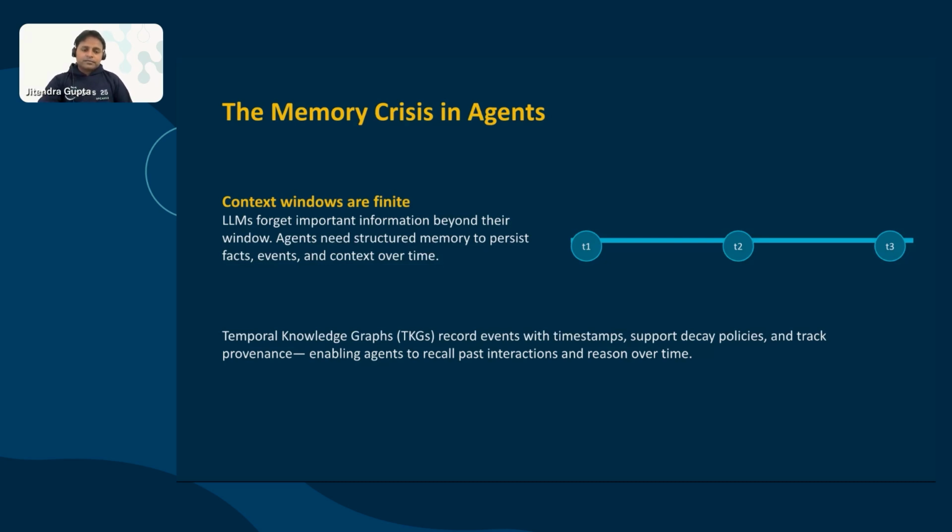Okay. So altogether, this enables agents to recall the past instructions and also reason over time whether you need those memories any further or not, and if not, then discard them.